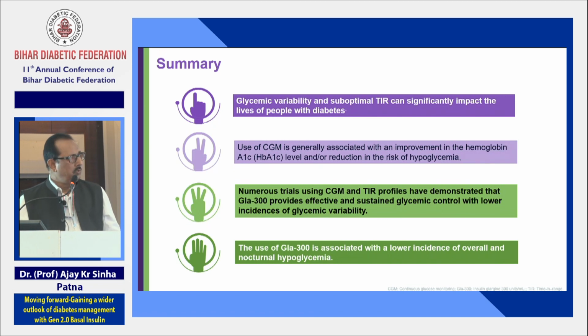In numerous trials using CGM and TIR profiles, GLA 300 has demonstrated effective and sustainable glycemic control with a lower incidence of glycemic variability. The use of GLA 300 is associated with a lower incidence of overall or nocturnal hypoglycemia. So till today, GLA 300 is claiming that it is superior to any of the competitors, the second generation basal insulin.